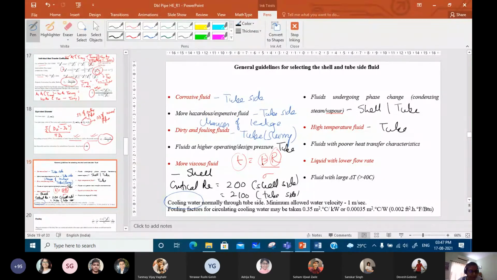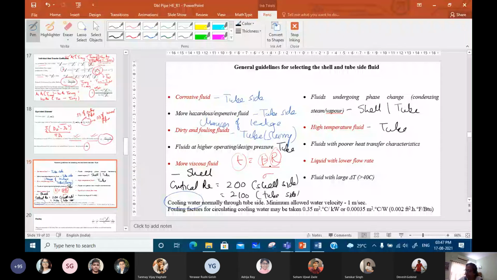What do you think? Am I clear to you? When the temperature is higher, the sigma gets lower. Yes or no? The allowable stress becomes lower. Yes, ma'am.